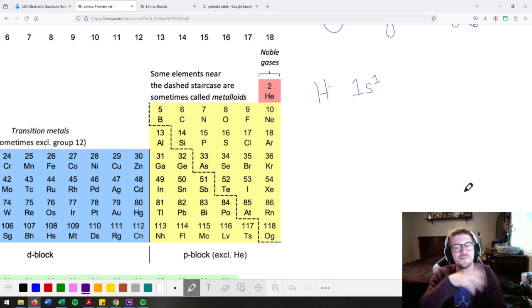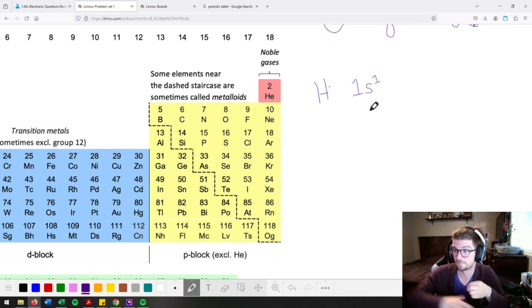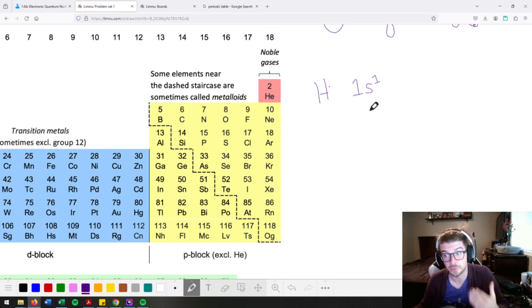This all ties into what we were talking about with ground states and excited states, because a ground state electron occupies the lowest available energy level, which is the lowest energy orbital that is not full. An excited state will have an electron occupying an orbital that is not the lowest energy orbital available.